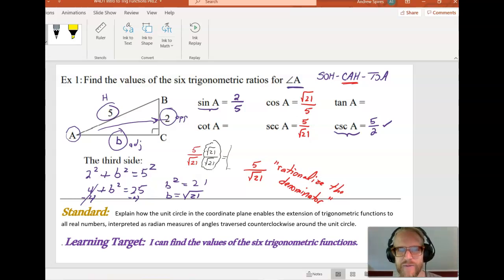It's the same number that you started with. It's just going to look different. It's going to be in a different form. 5 times the square root of 21 is just that, over the square root of 21 times the square root of 21 is 21. We now have a denominator that is a rational number.